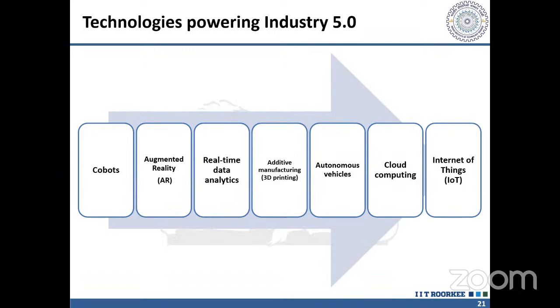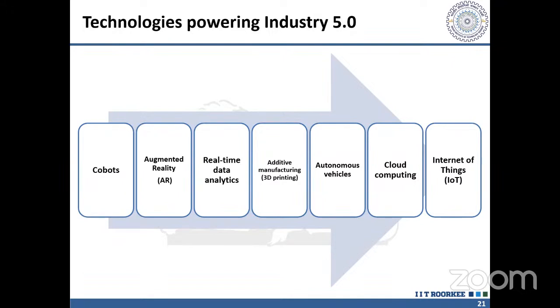And next is IoT and cloud computing. Cloud computing enables the manufacturer to store and access a large amount of data and applications over the internet. It allows them to scale their operations and access advanced analytical tools without having to invest in expensive hardware and software.